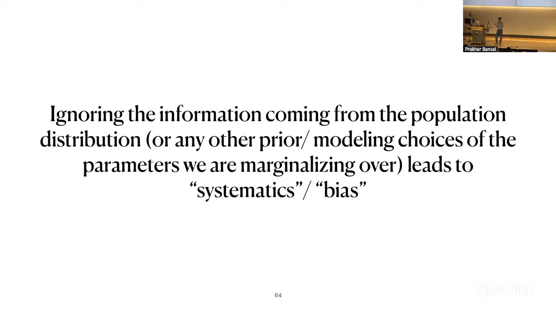If you ignore information from the population distribution, or any of the other prior or modeling choices of the parameters you're marginalizing over in your inference, that can lead to systematics or bias. So you really do have to do everything all at once.